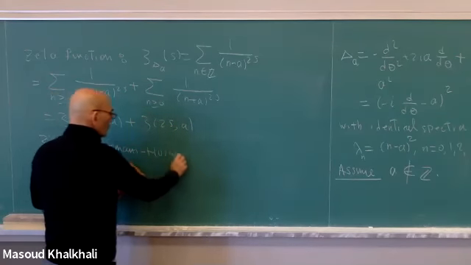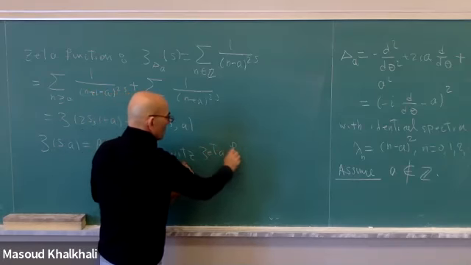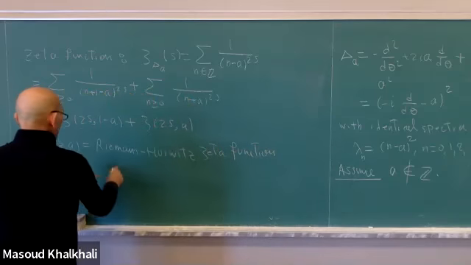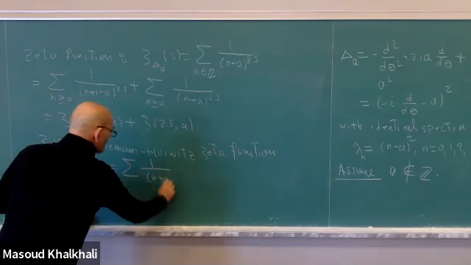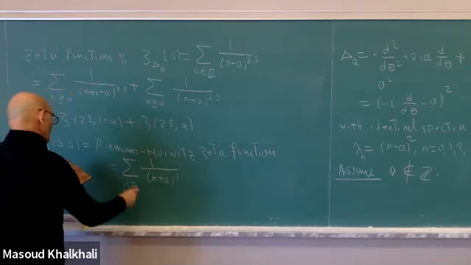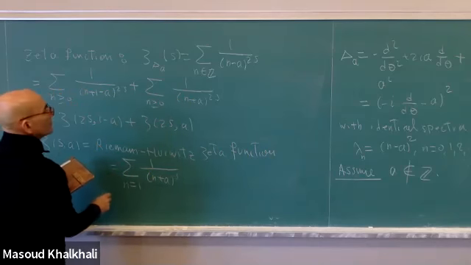The Riemann-Hurwitz zeta function was introduced by Hurwitz. It is equal to the sum of 1 over n plus a to the power s, from 1 to infinity, I believe.